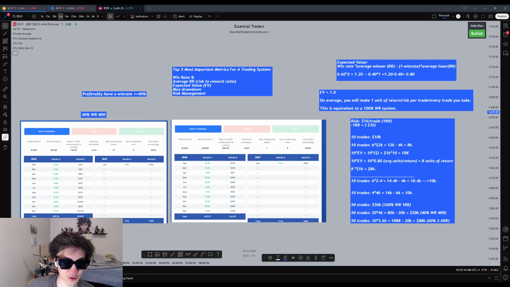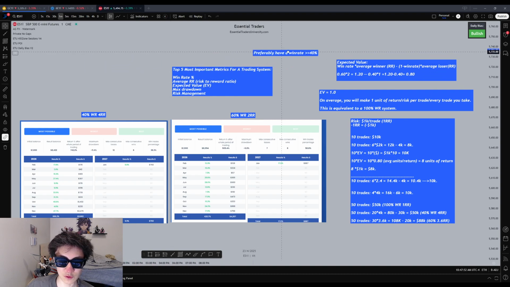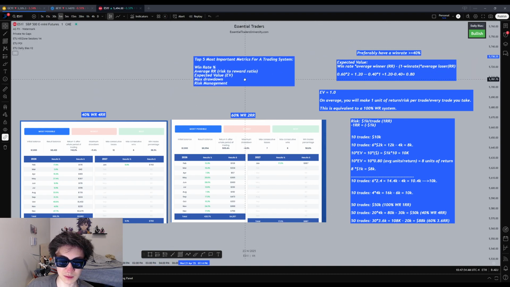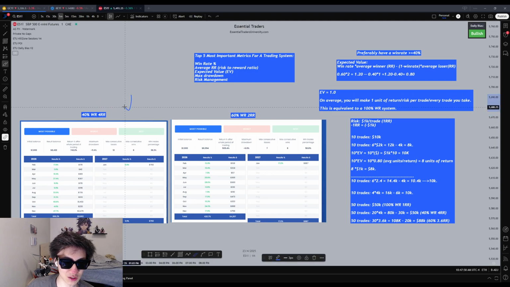Or sorry, this is not 40%, was it? Yeah, no, it was. Okay. And then here is a 60% win rate system at 2R average. For these 2, it's 1 trade per day, so 20 trades a month, and this is based upon 1 year of mathematical trading data for the systems.